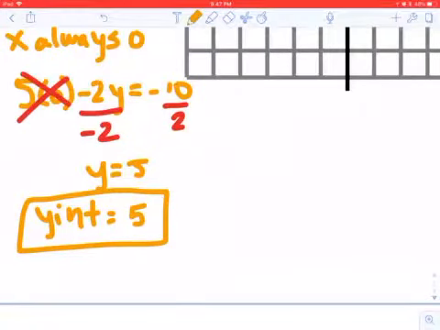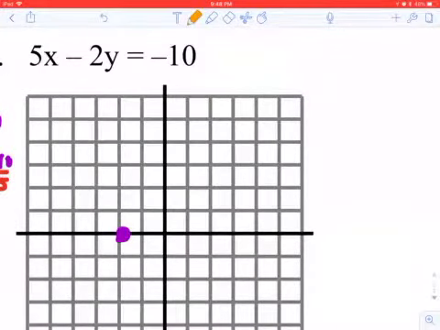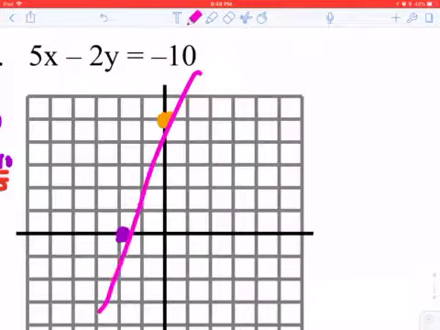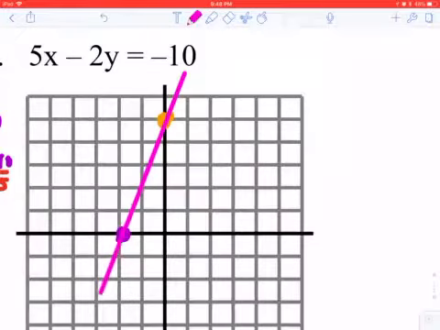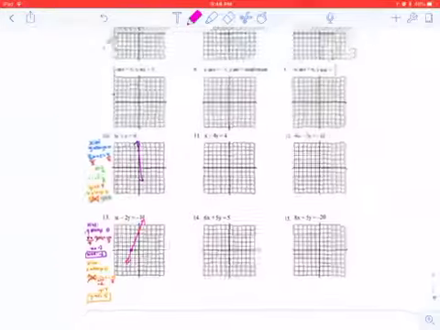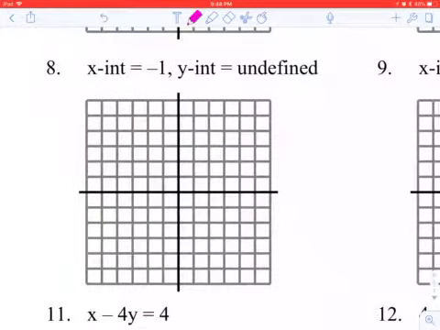On my coordinate plane, I'm going to count 1, 2, 3, 4, 5 and put a dot there. Once you have your 2 intercepts, you can graph them. Essentially you're just solving for x or solving for y, substituting 0 for the other one, whichever one you're looking for. Number 8, with this undefined, just remember undefined is a straight line up and down like that.